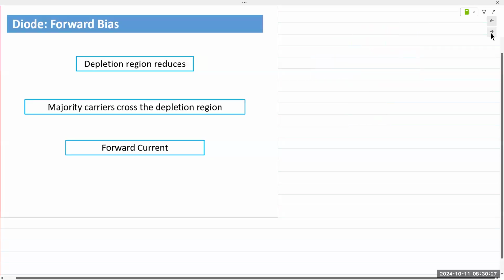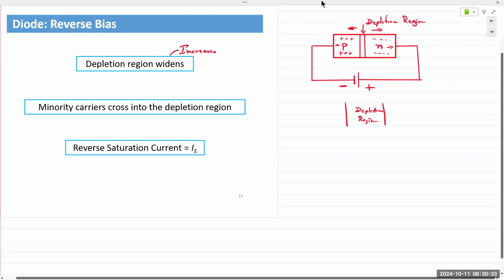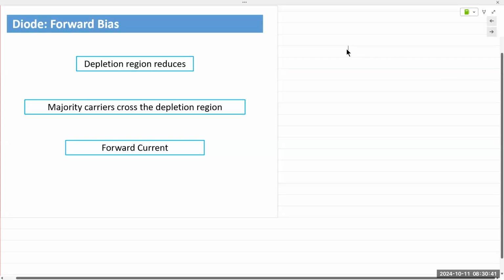Okay, then comes forward bias. Now, in forward bias, let me use the same image right here.